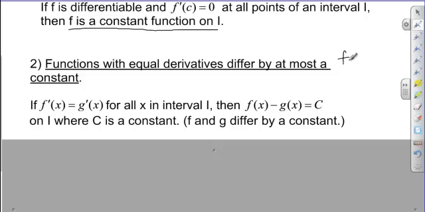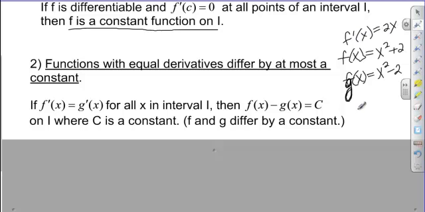For instance, if you had f of x is equal to x squared plus 2, and g of x is equal to x squared minus 2, and you differentiate both of those, f prime is 2x, g prime is also 2x.